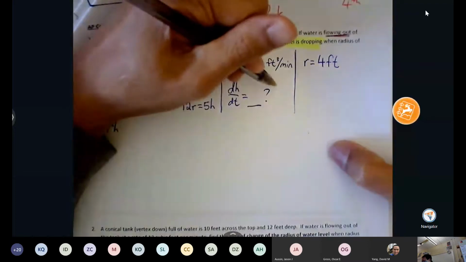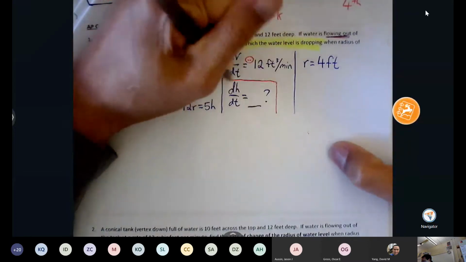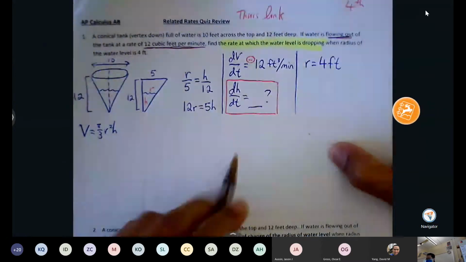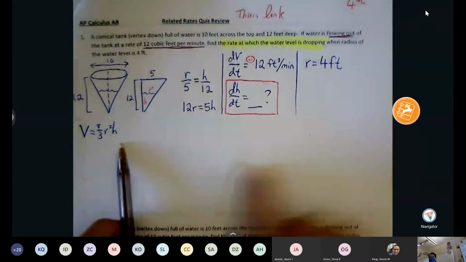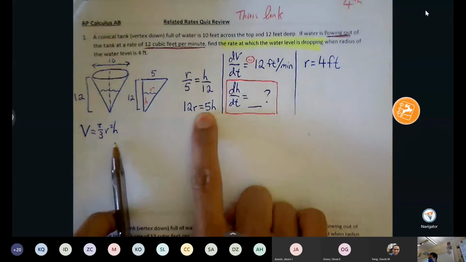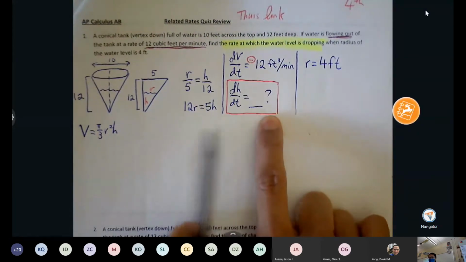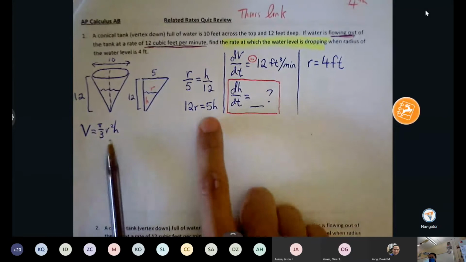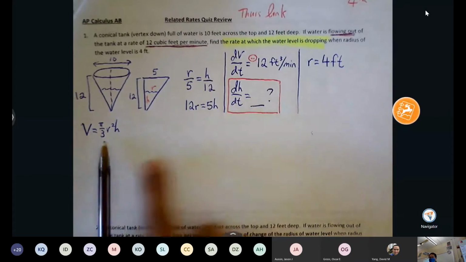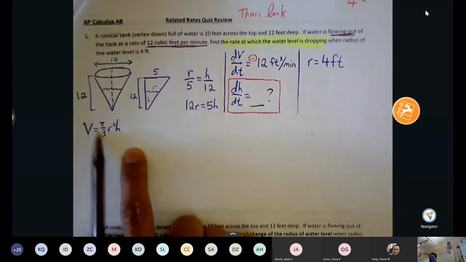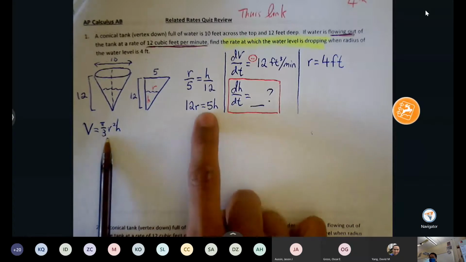But we want to zero in on what we're looking for, because we want this to guide our decision about our volume equation. So because we're looking for dH dt, what will be the most efficient way to get to dH dt? What do we want our volume equation to look like on the right side? In terms of what?